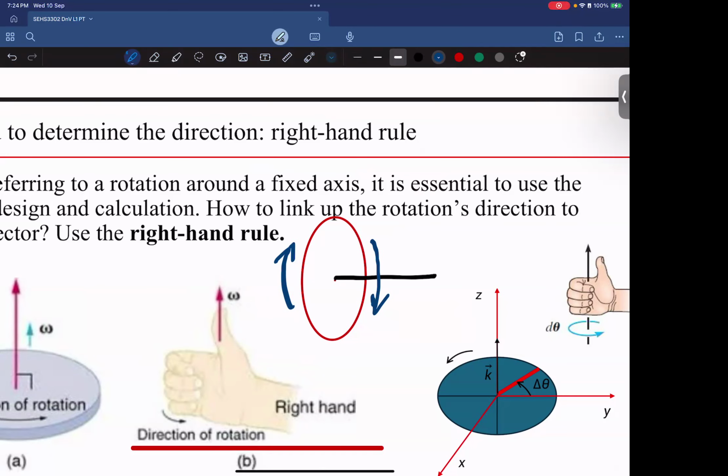We use our right hand to hold this axis, and the four fingers indicate the rotation, which moves downward at the far edge. The thumb tells us that this rotation means the direction points to the plate. If it rotates in the opposite way, the direction points out.